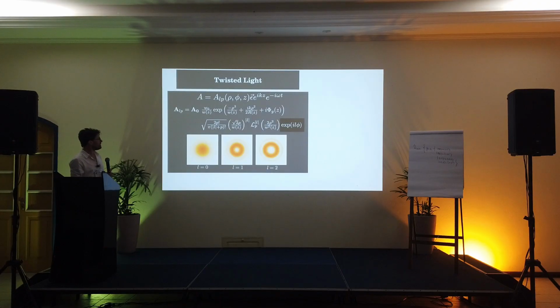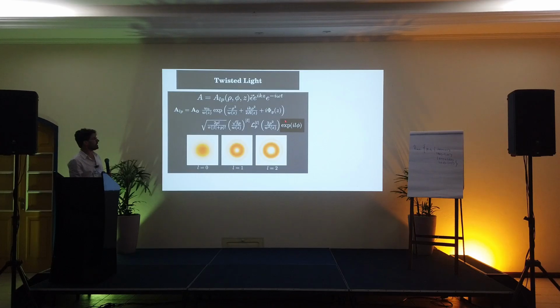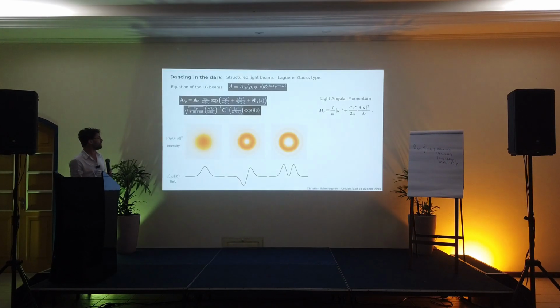Again, we saw that we have these Gaussian beams that are quantified by two indices, an index L and an index P. The index L accounts for this helical phase, which accounts for orbital angular momentum.